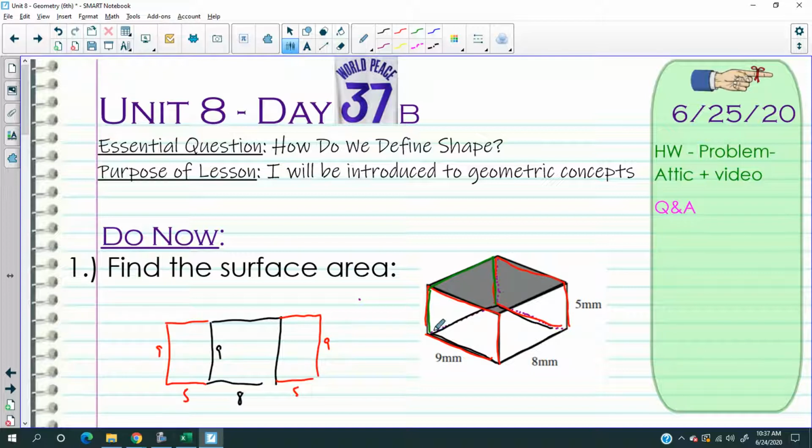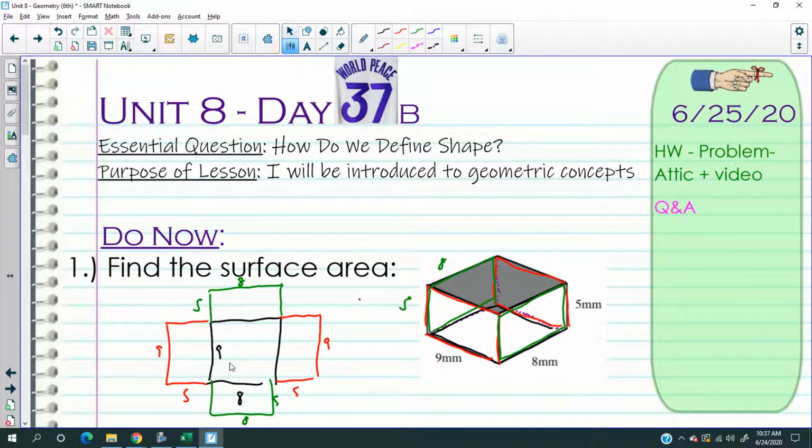Now again, as you do this, remind yourself, what would the shape even remotely look like? It should look like a hopscotch. So that's 5. This is 5. That has to be. This is 8, because this is 8. So the bottom would also be like that. That's 5 and 8.